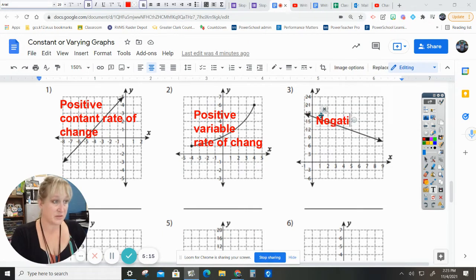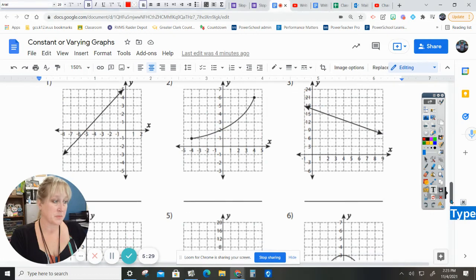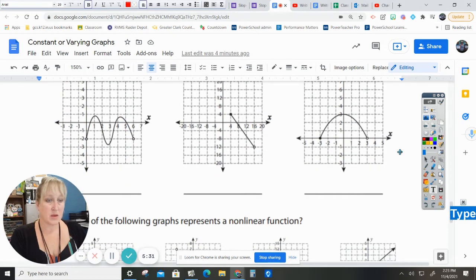So negative constant rate of change. This one is obviously not a line, so it is a variable, and we cannot tell if it is positive or negative, so we're just going to say that it's a variable rate of change.